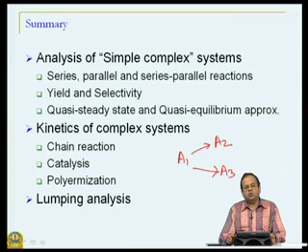We also then looked at a certain class of complex reactions where you have a large number of reactants, a large number of products as well as reactions. But what further complicates the situation is that there is no way of defining the chemical species involved in this reaction, just as we can do ethane, methane, propane and so on.